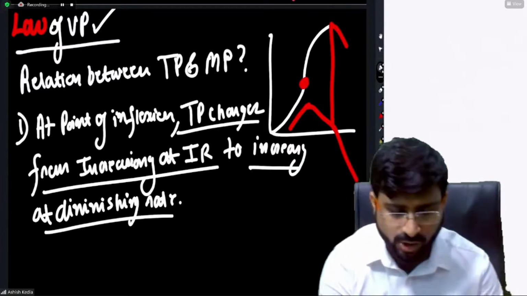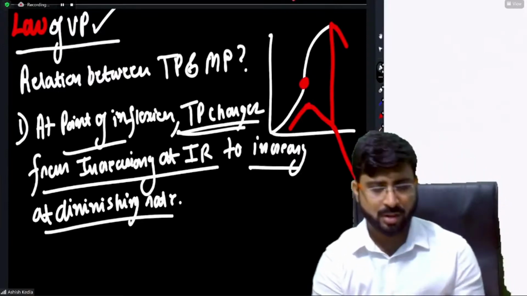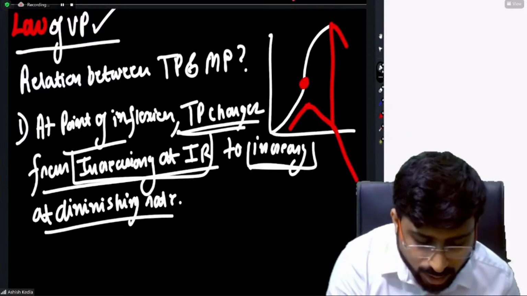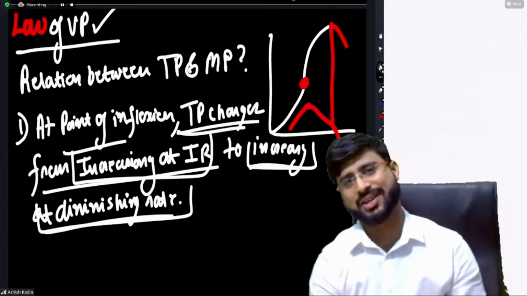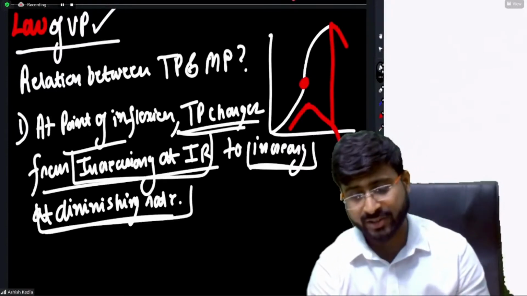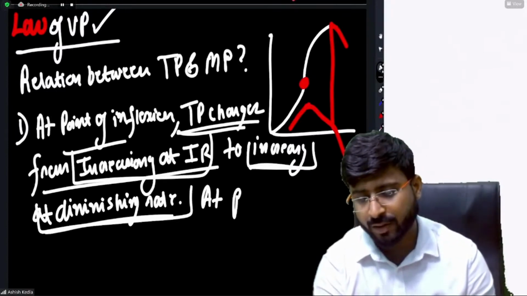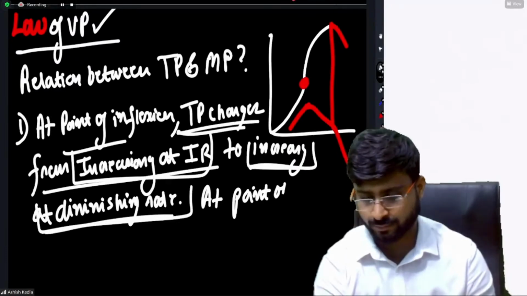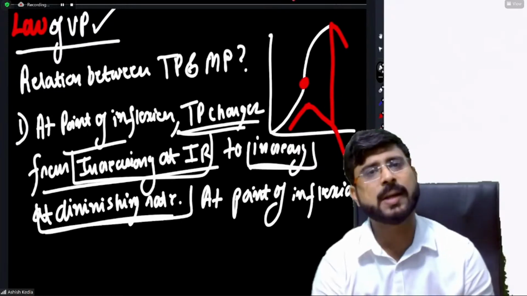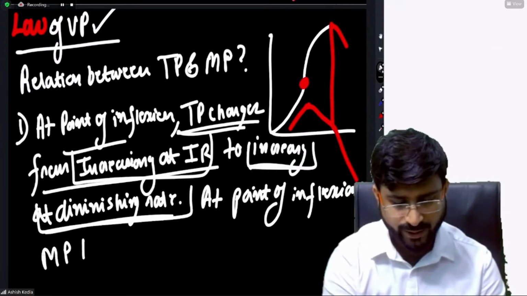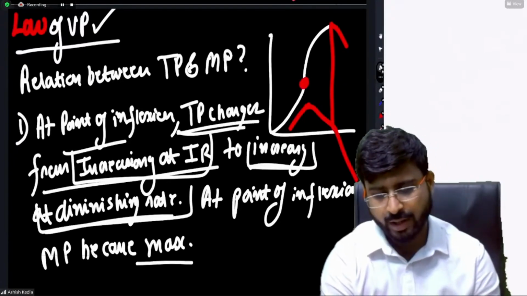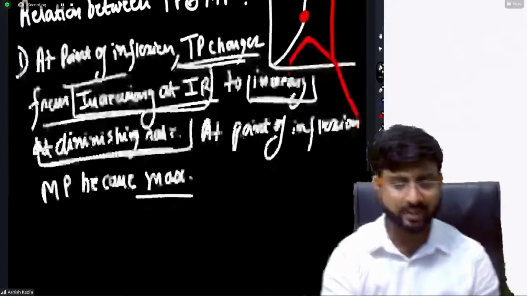Everyone, at point of inflection, TP changes from increasing at increasing rate to increasing at what rate? Diminishing rate. And at this point of inflection, MP becomes maximum. Again, we will write, at point of inflection, MP became maximum.